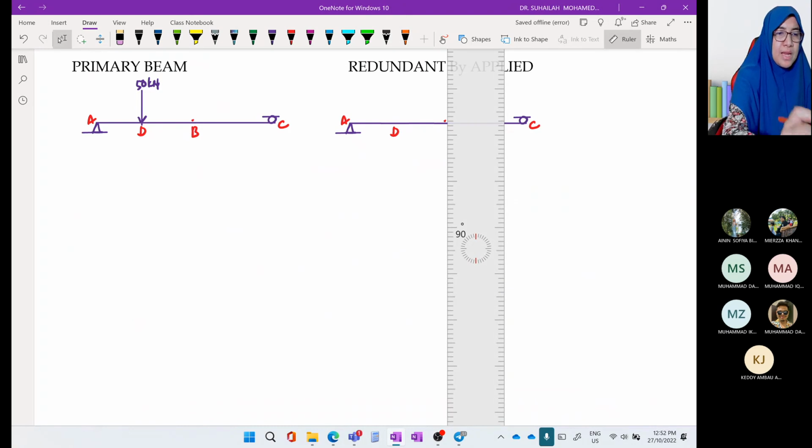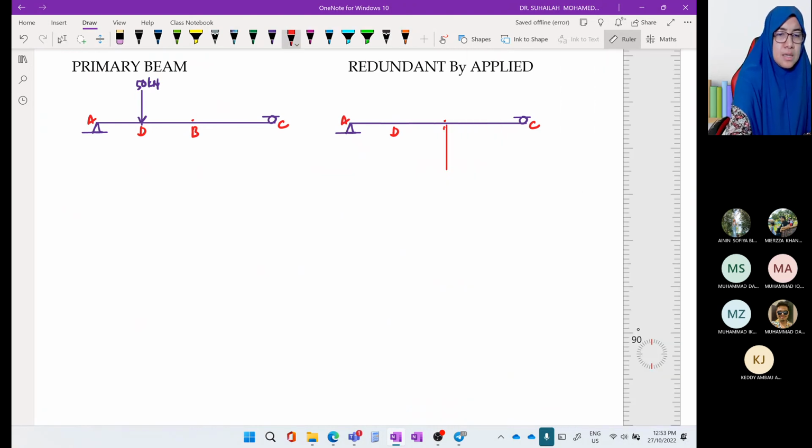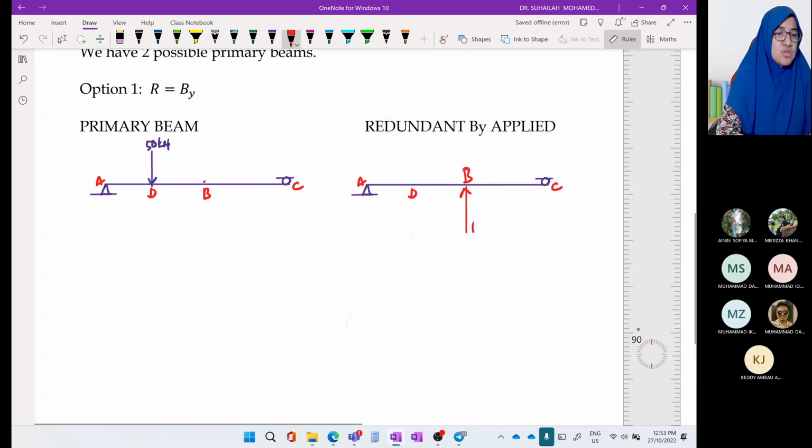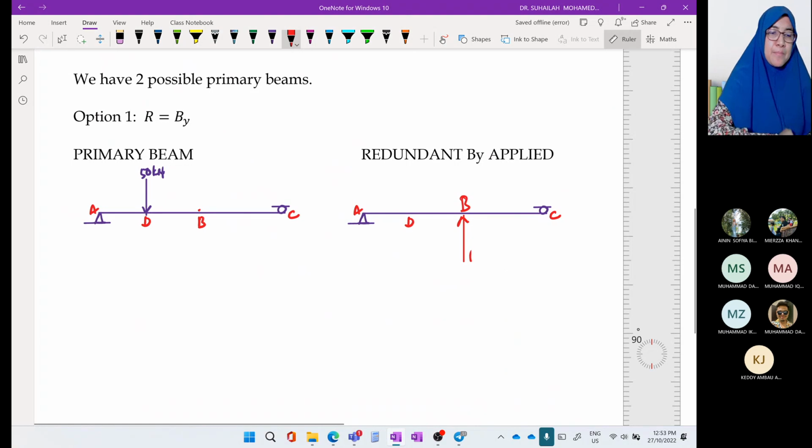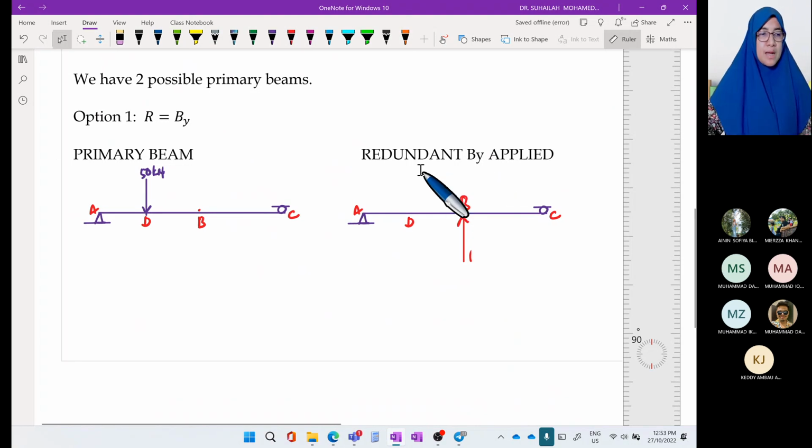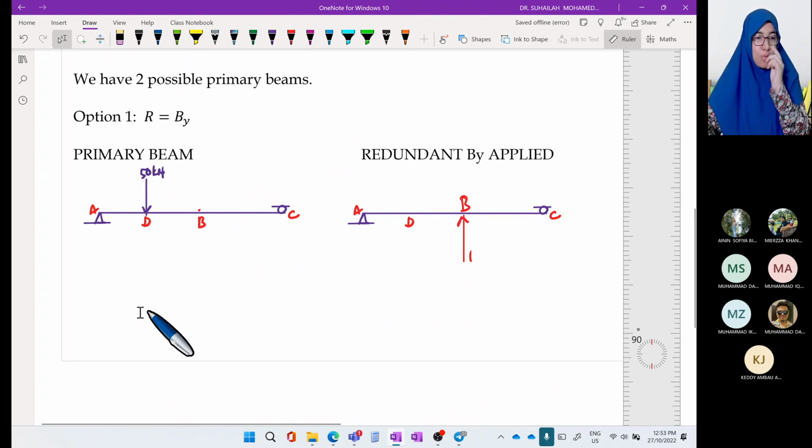Here at B is a unit value of BY. So this should be the diagram for option number one.